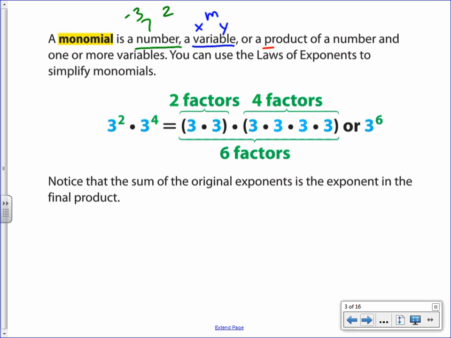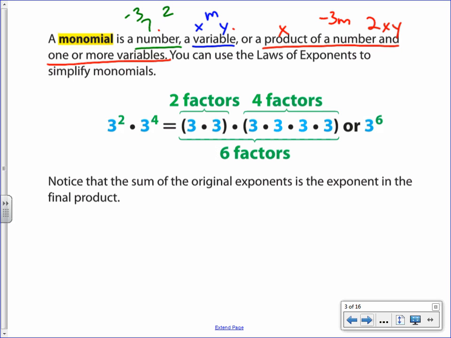Or a product of a number and variables. Product means multiply. We're multiplying a number and one or more variables. My numbers are here, my variables are here. So maybe I have -3m. Maybe I have 2xy. Those are monomials. It's one term.